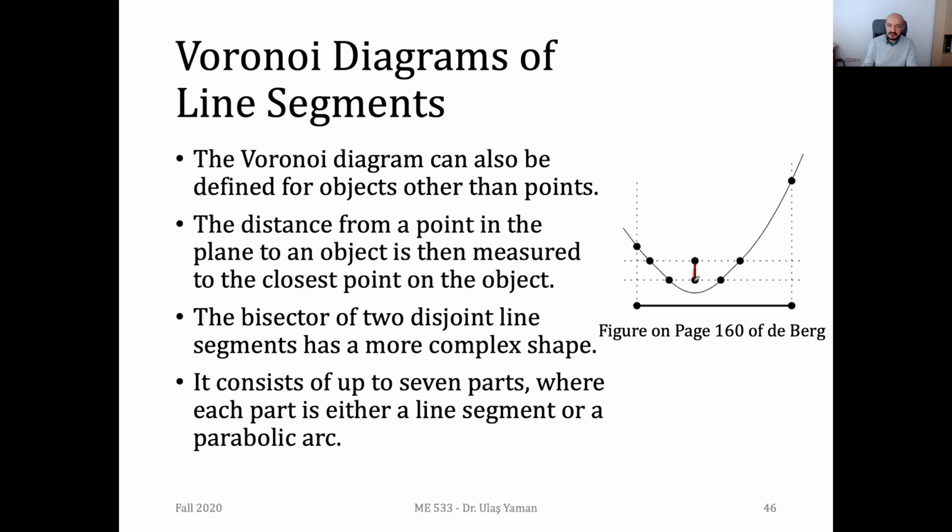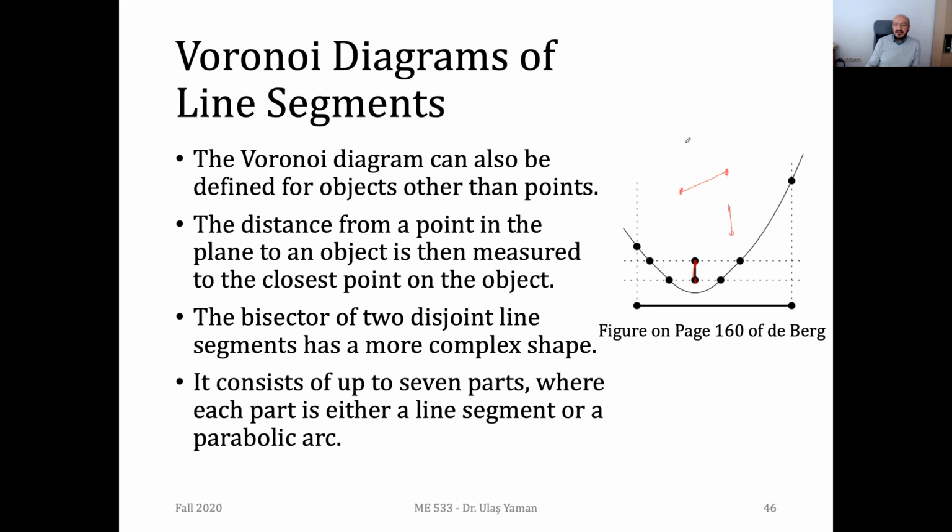This is the input. So we are not just giving sites, but instead our input is a set of line segments. And then with the help of this algorithm, or with these basic steps, we will be trying to draw a Voronoi diagram for these line segments, not just for the points. So what are the differences?